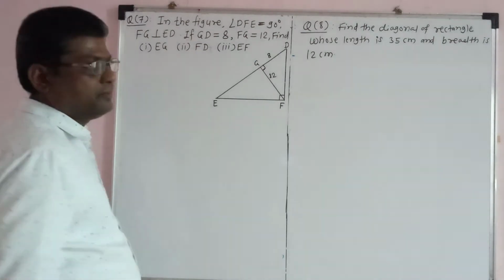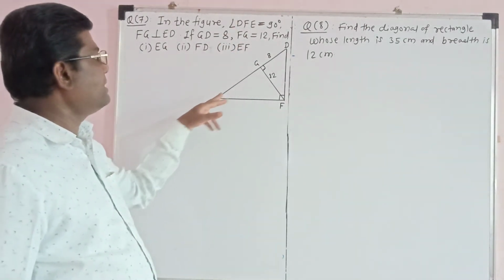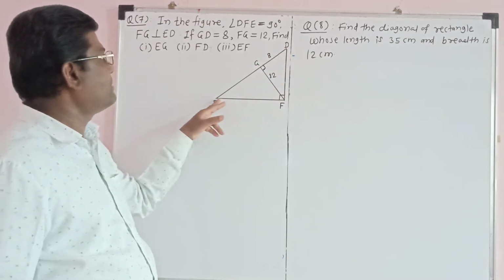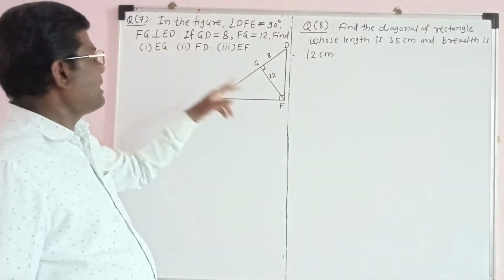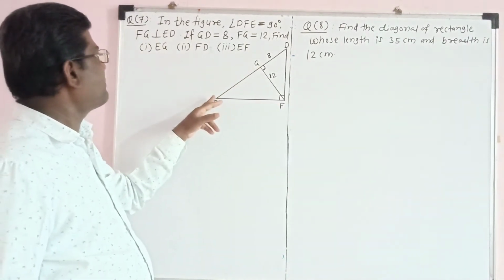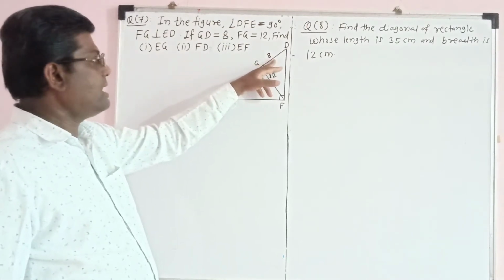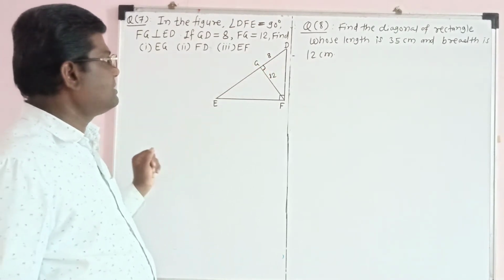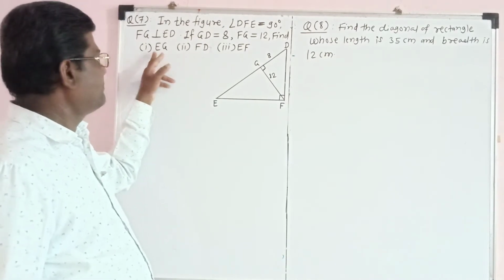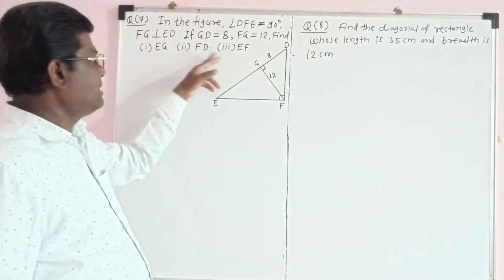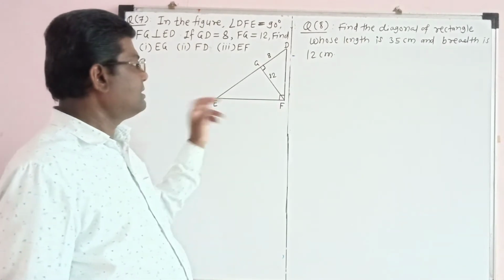Question number 7. In the figure, angle DFE is equal to 90 degree. FG is perpendicular to ED, GD is equal to 8, FG is equal to 12. Find number 1, EG, number 2, FD, number 3, EF. Now let us see.